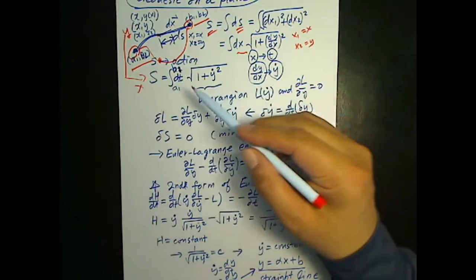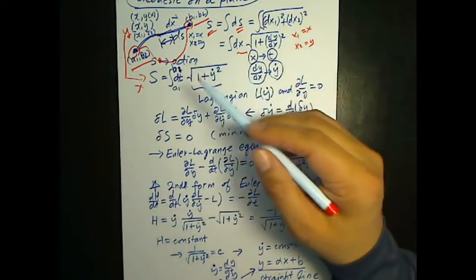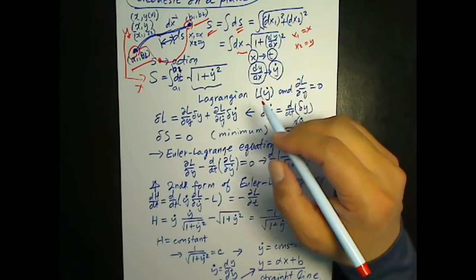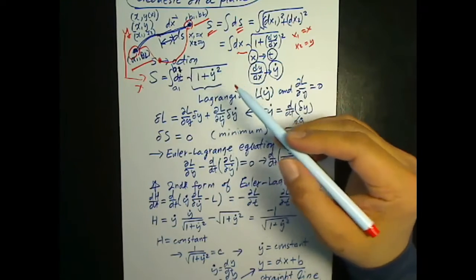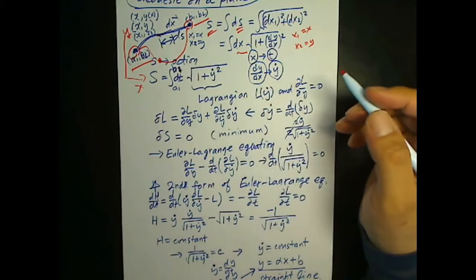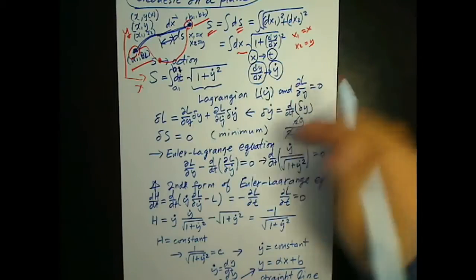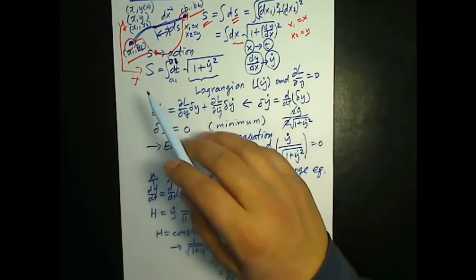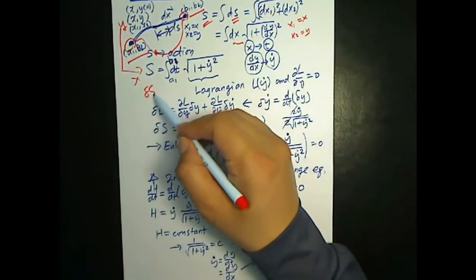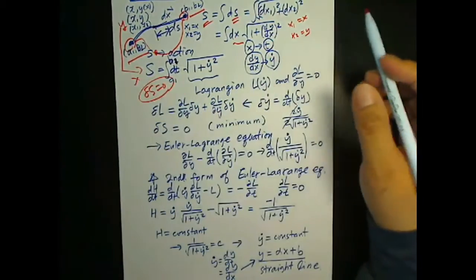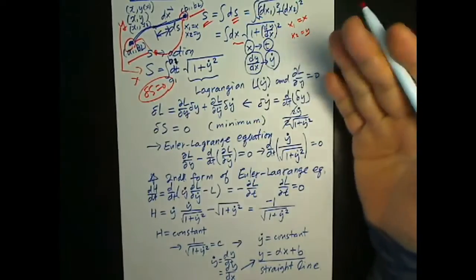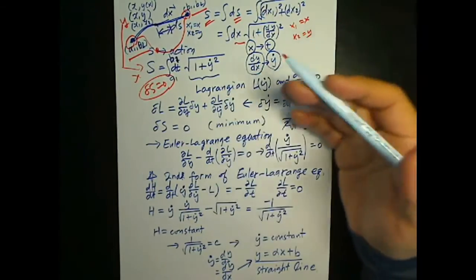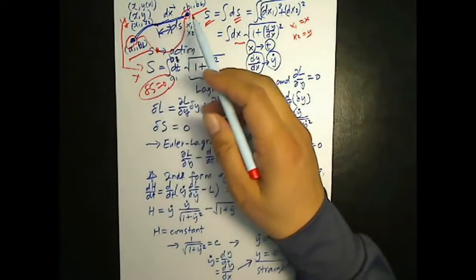Then, if it were a Lagrangian, what we have to do is to substitute this Lagrangian into the Euler-Lagrange equation to find the equation of motion. That equation of motion satisfies delta S equals 0, the minimum. We want to find the extremum, but it is evidently a minimum.